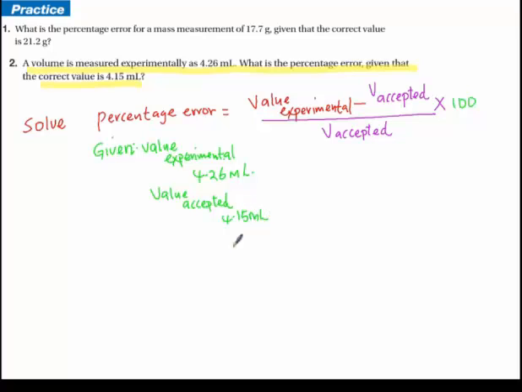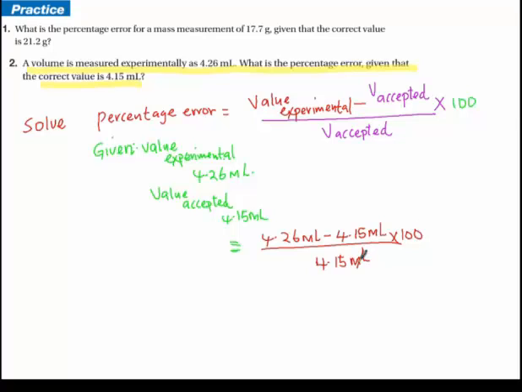We put it into the formula: 4.26 milliliter minus 4.15 milliliter, divided by 4.15 milliliter, multiplied by 100.